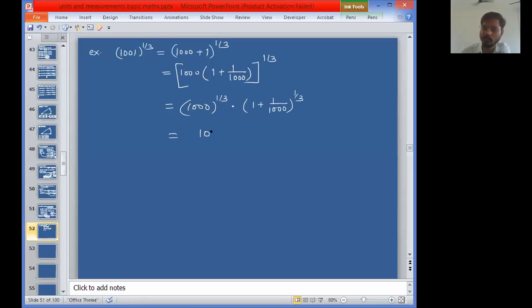So cube root of 1000 will be 10. Sir, this is 1 plus fraction. This is fraction which is very less than 1. Let's try to understand. 1 by 1000 means 0.001. This is the fraction which is very less than 1.